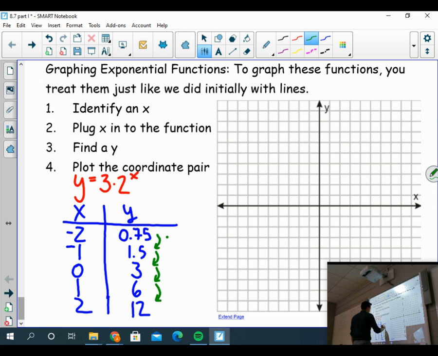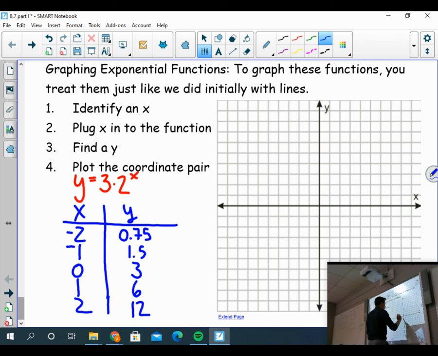And that's exactly what happens. As my x value increases by 1, I multiply by 2. If this is not present in your table, you probably messed something up somewhere. You can see 3 to 6, multiply by 2. 6 to 12, multiply by 2. Okay, so just something to check yourself as you're making these tables.